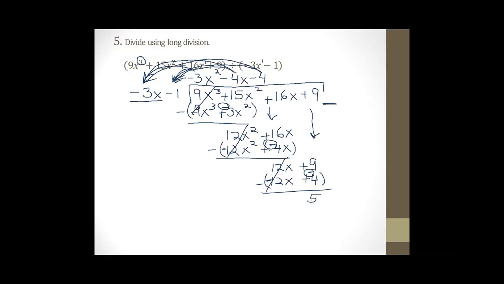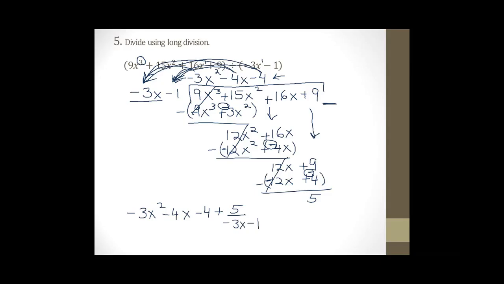Now I have to put everything together. This would be my answer, my quotient, and this is negative 3x squared minus 4x minus 4, and then my remainder, I add that, and the remainder wasn't able to be divided, so that just goes in the bottom.